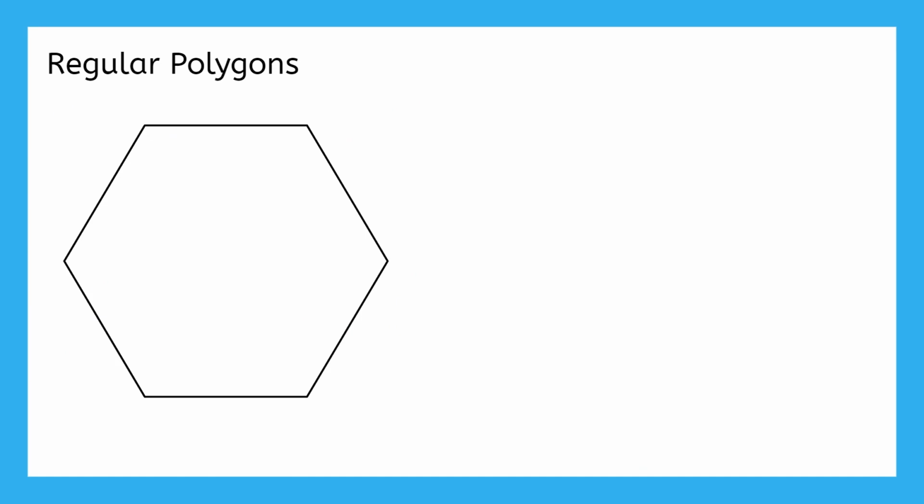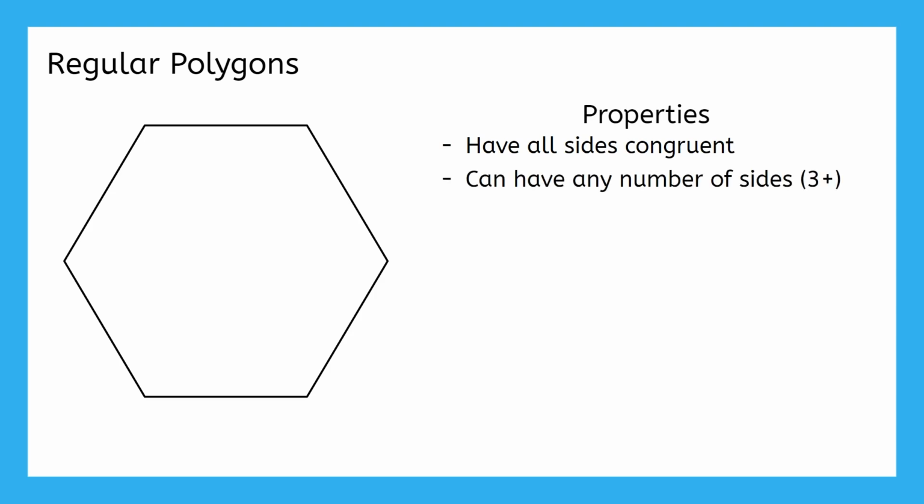Let's take a moment to review some of the properties of regular polygons that will be important for finding their area. Regular polygons are polygons that have all sides congruent. They can have any number of sides, as long as it's at least 3, so they can form a closed figure.